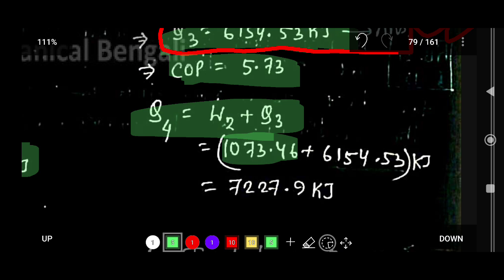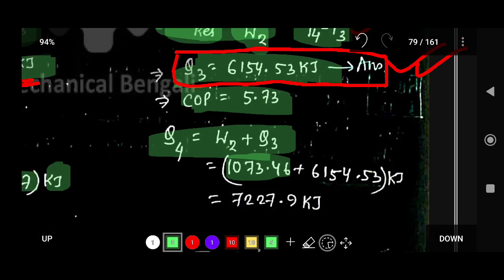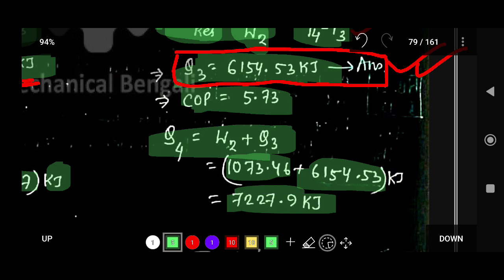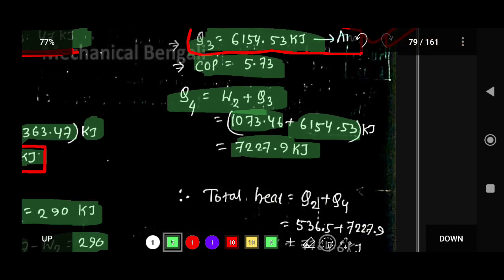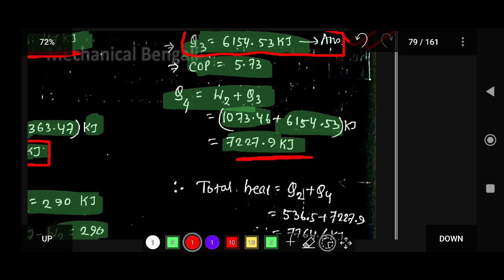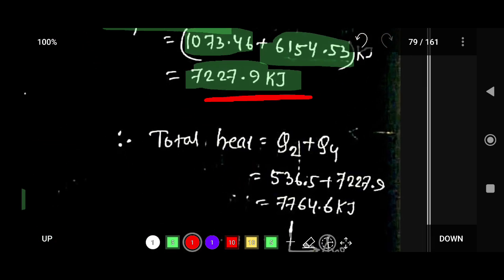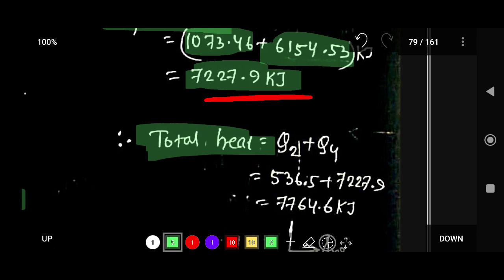That is equal to 1073.46, and what is the value of Q3? That is equal to 6154.53 kilojoule. So from here you can get 7227.9 kilojoule. Now in the question you have to find out the total heat which is transferred to the 303 Kelvin.